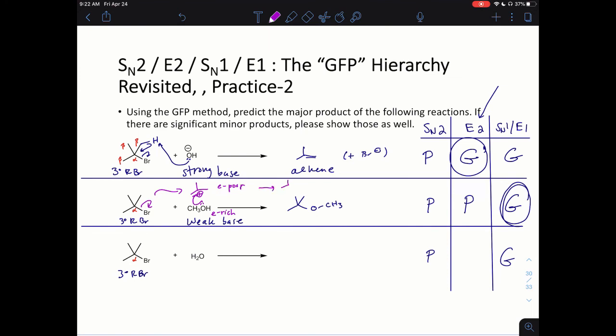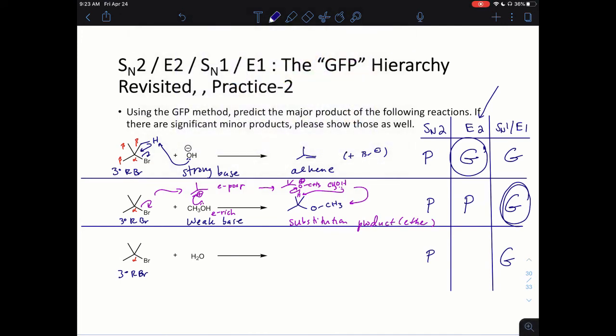That generates a protonated ether that looks like this. That has a pKa of -2, so that is not going to just sit around. So another molecule of methanol comes and deprotonates it to make the substitution product, which in this case is an ether.